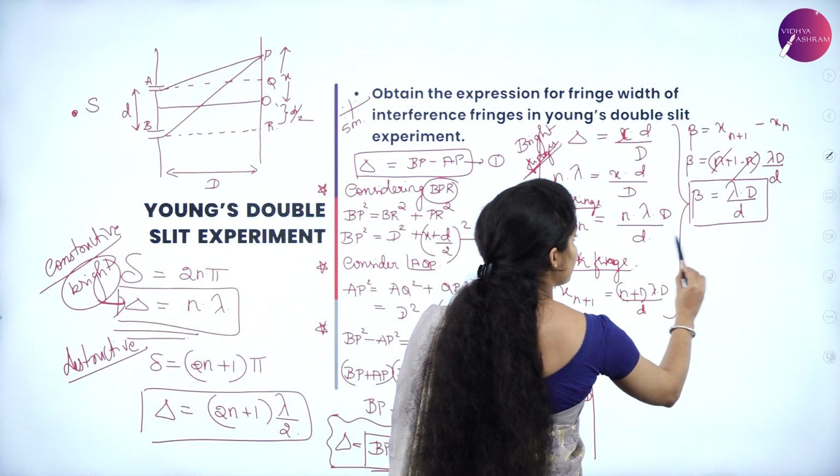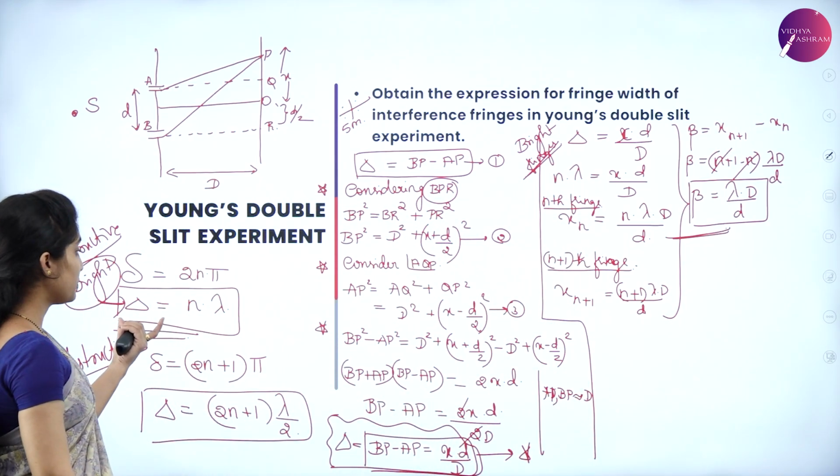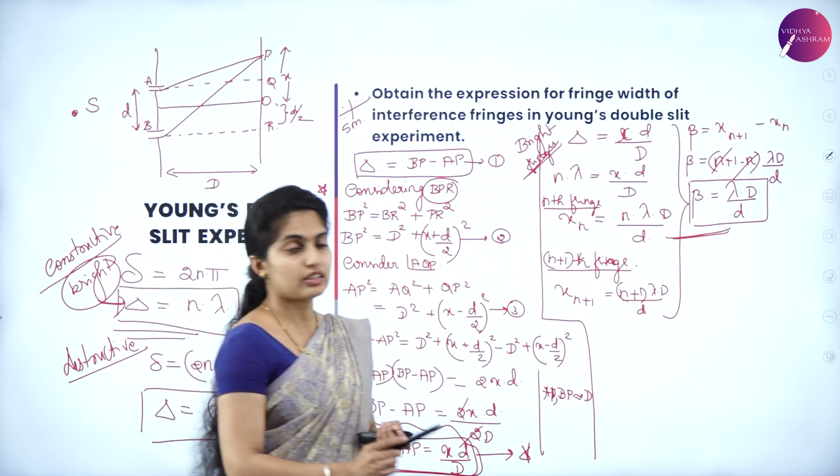This is the fringe width for the bright fringe, using the equation for the path difference in constructive interference.